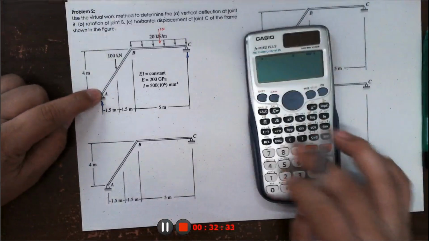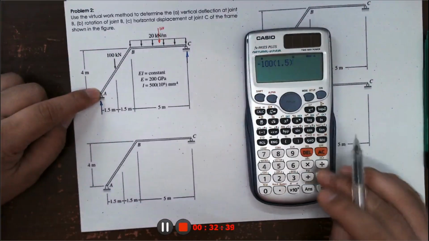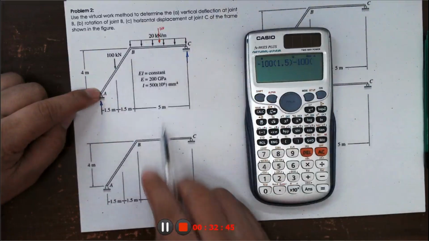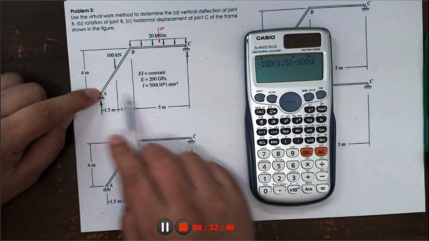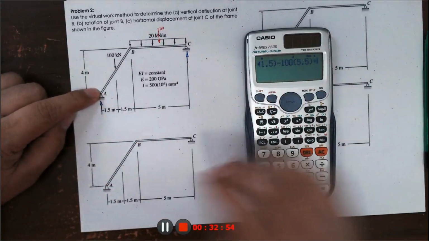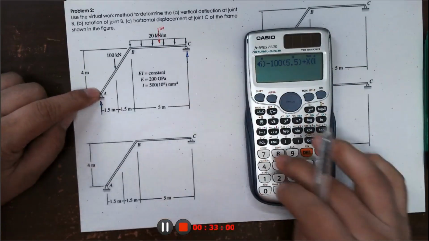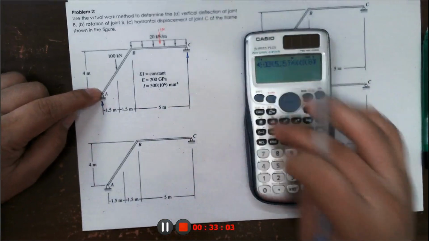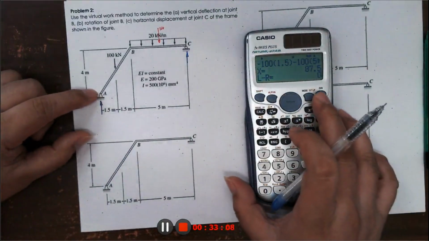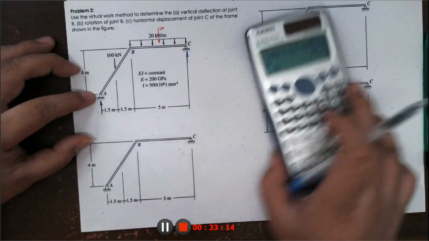So you have negative 100 times 1.5 minus 100 times 2.5 man eh, di ba? Plus 3, 5.5. Minus niya, plus reaction A_x, distance nito is 8, equal to 0. Shift solve, 87.5. Okay.